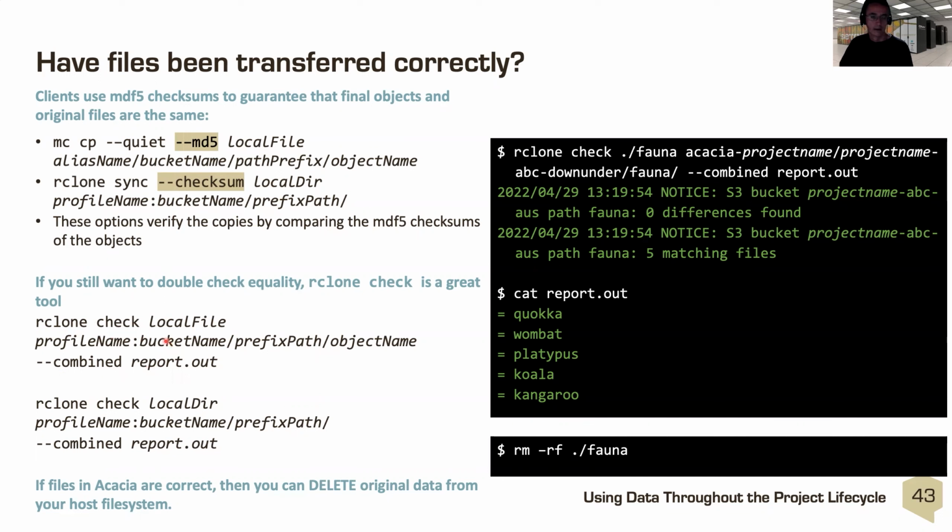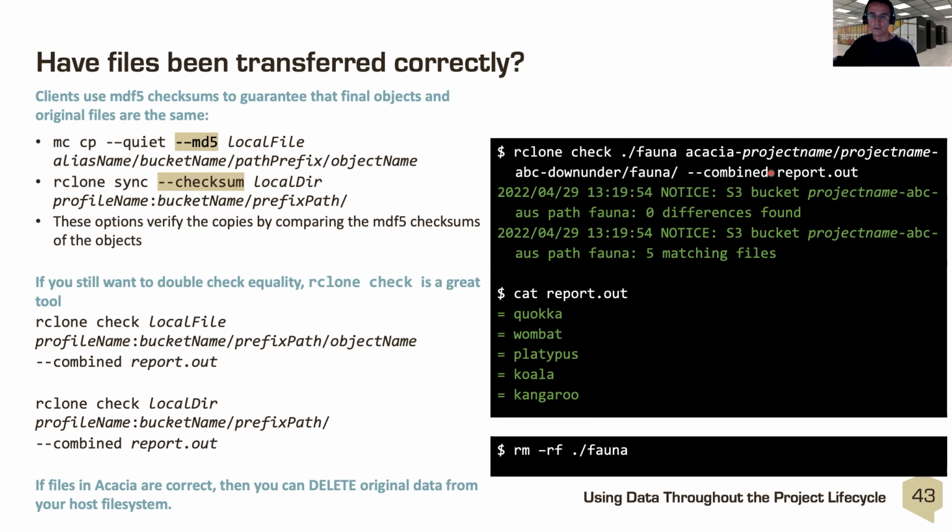So for example, in this case, we are checking if the directory fauna in the storage of my project, and this bucket and this prefix in that bucket, is the same. So I'm going to check whatever is under this prefix, compare it to whatever is in this directory in my local host.